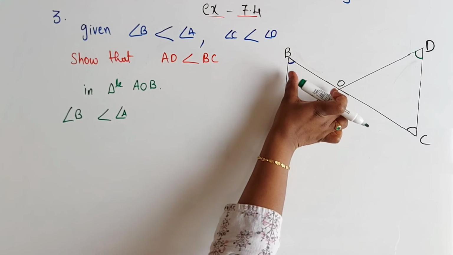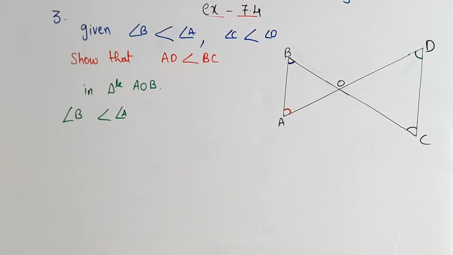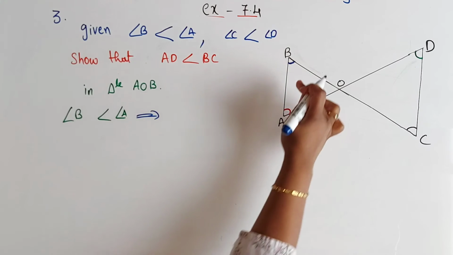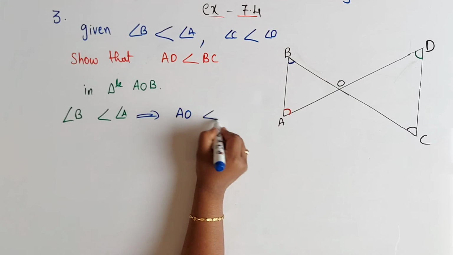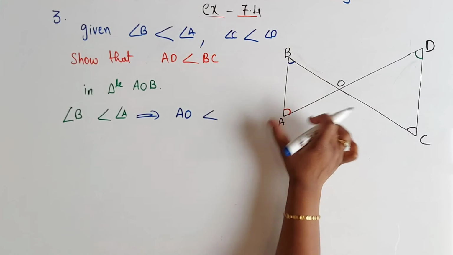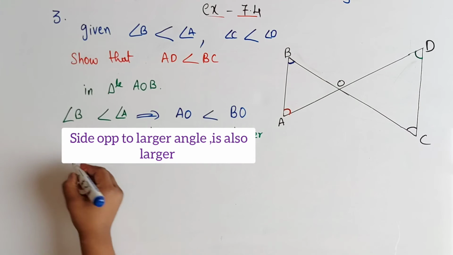The side opposite the greater angle is anyway greater. Right, children? So from here we can write, what is angle B's opposite side? That is AO. AO is also less than angle A's opposite side BO. Correct, children?